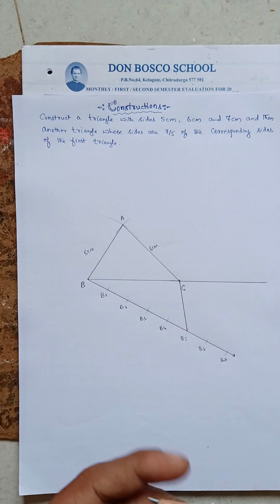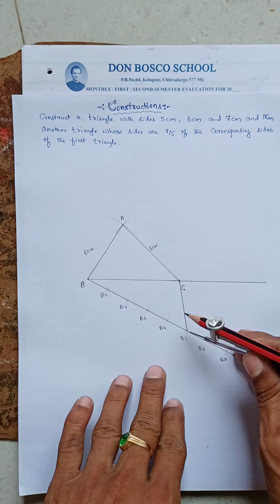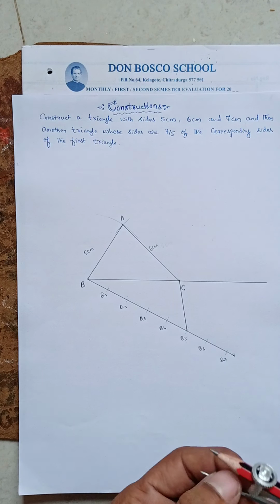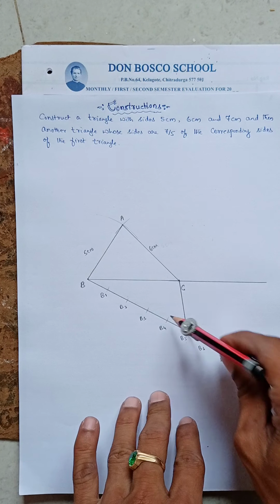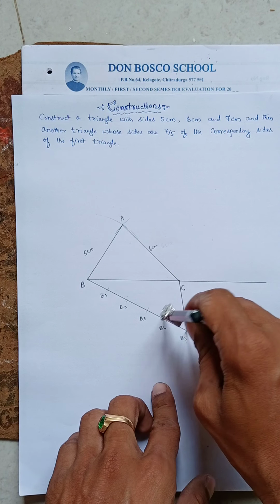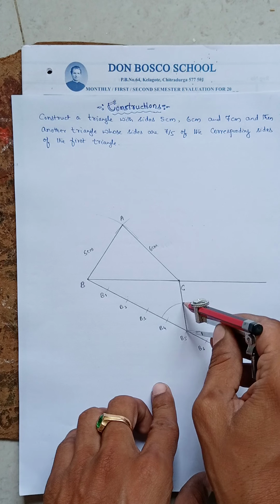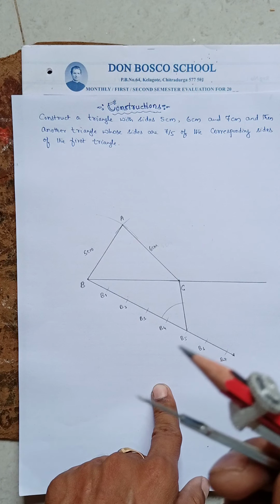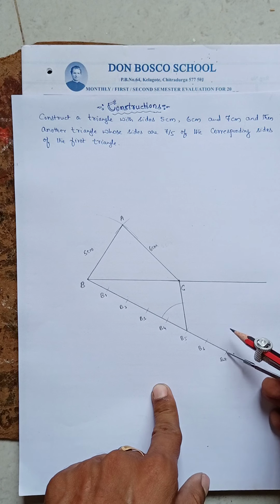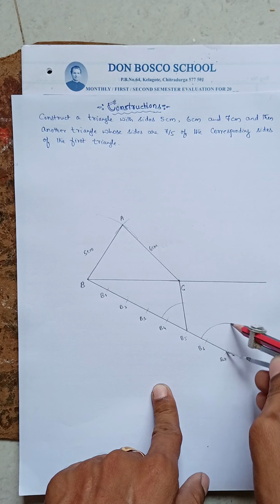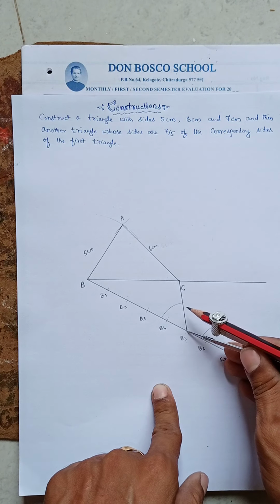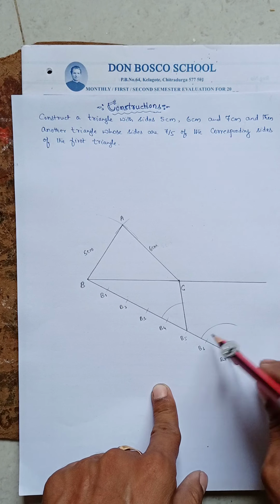Again, take some considerable distance in your compass. With B5 as center, take an arc. Without changing this distance, with B7 as center, take one more arc.